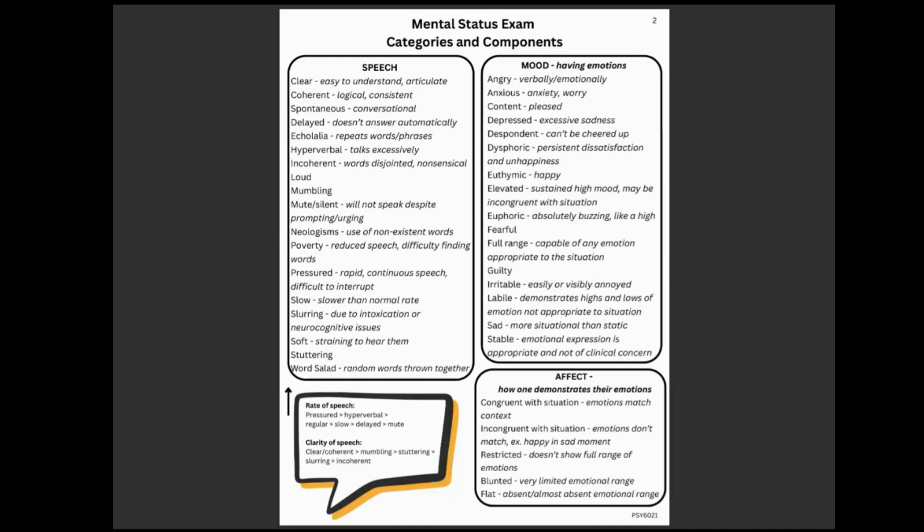So let's see, what was the other thing? If a person is not coherent, not logical, not able to be understood in terms of their thoughts, their speech might be incoherent, loud, mumbling, mute, silent. So they're not speaking despite prompting or urging. Neologisms, that is what we would see in more advanced schizophrenia. We would also see that in terms of, I hope you're seeing a pattern, schizophrenia, neurodevelopmental, or neurocognitive issues.